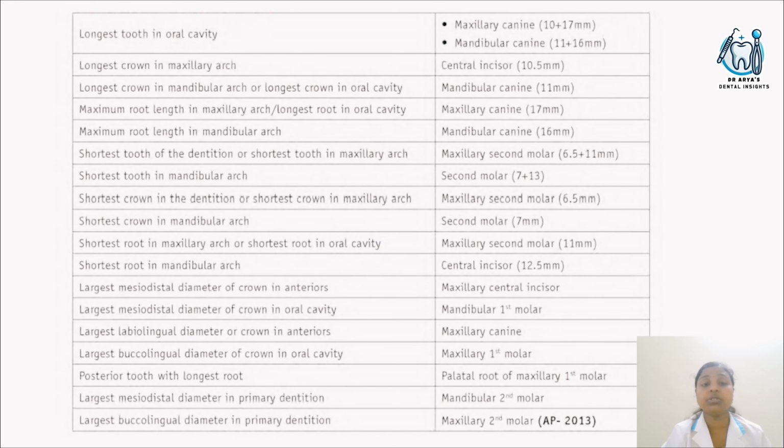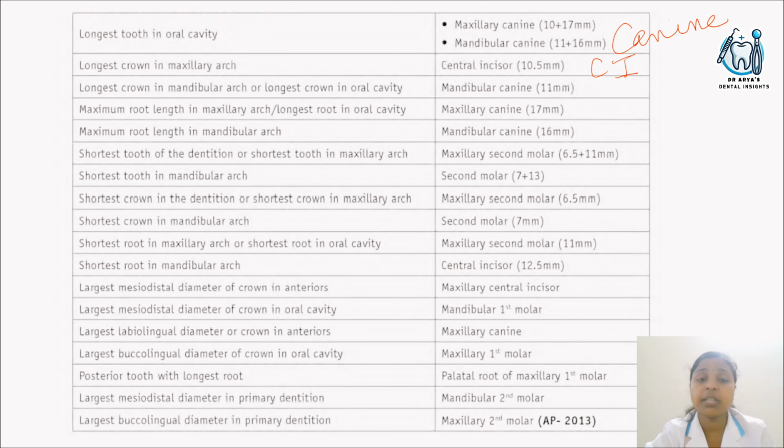The longest tooth in oral cavity is maxillary canine. That is 10 plus 17 mm, and mandibular canine 11 plus 15 mm. So in mandible it is mandibular canine, and in maxilla it is maxillary canine. So the longest tooth in oral cavity is canine. Then longest crown in maxillary arch is central incisor, 10.5 mm.